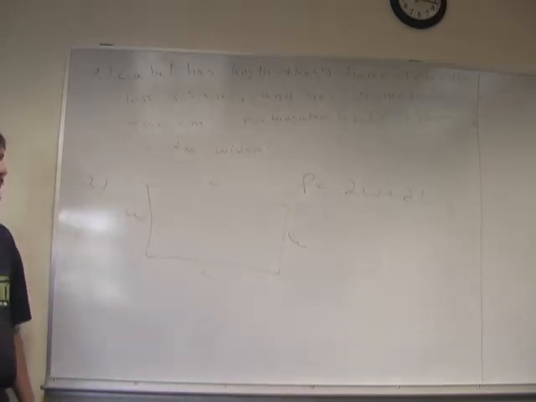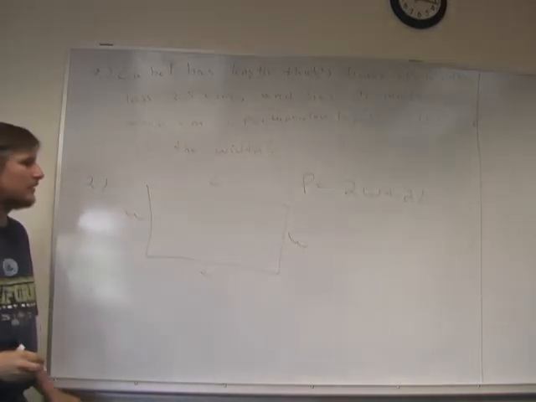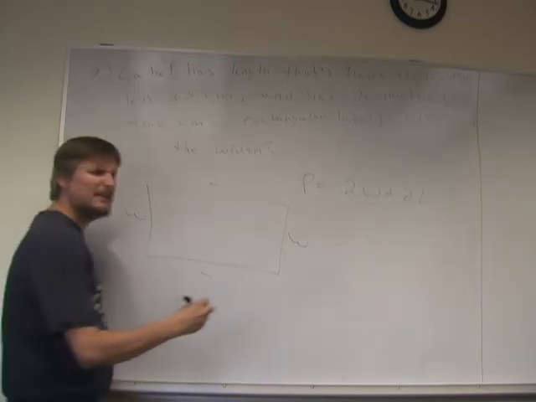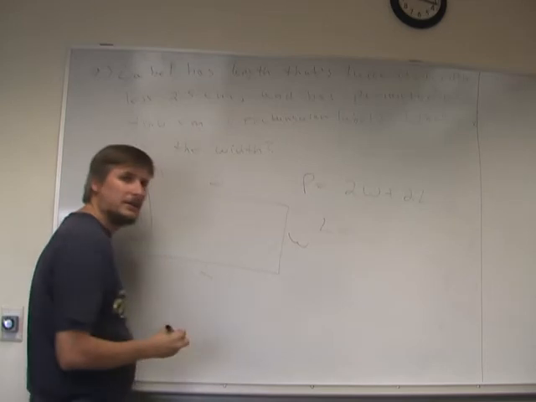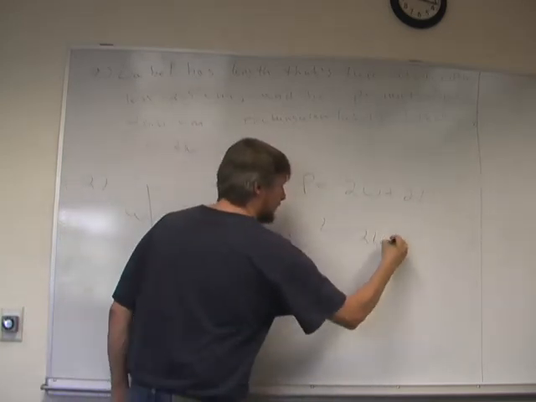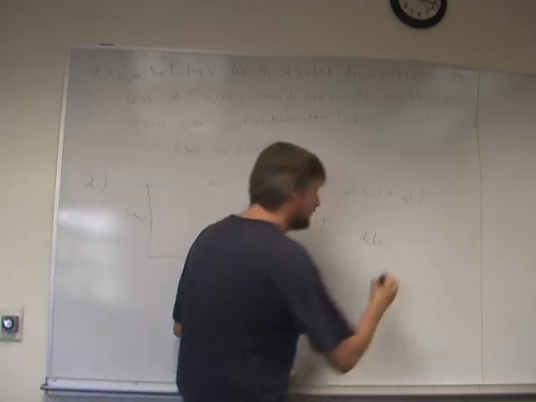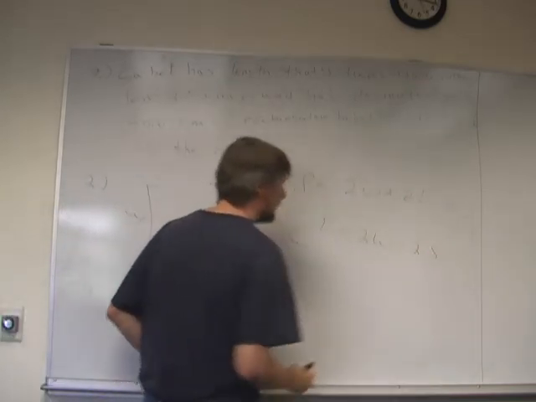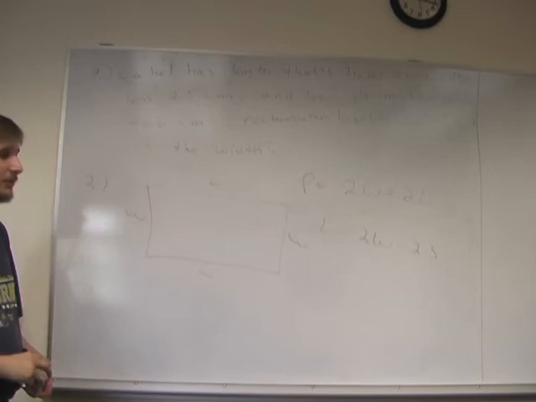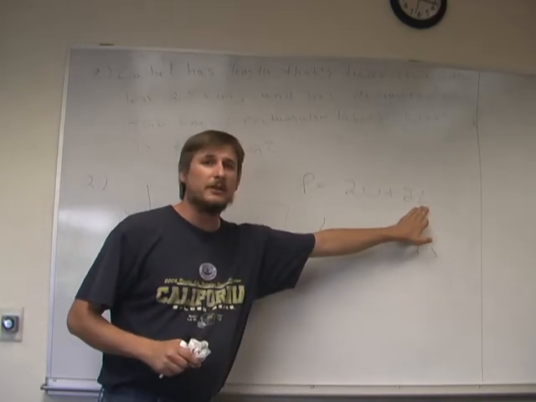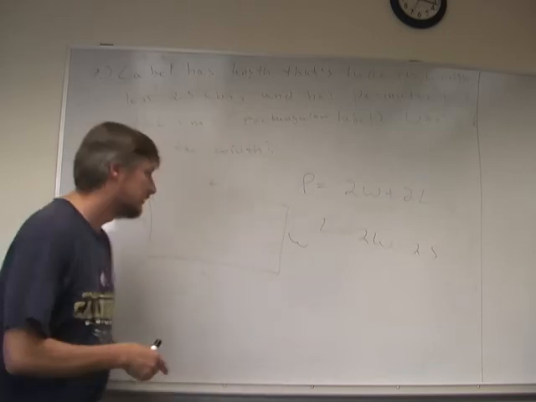We're also given that the length is going to be twice the width, less 2.5 centimeters. So what that says, length is twice the width, and then less means subtract, so we'll subtract 2.5. Finally, what we'll do is take this L and plug it into this L here to get an equation we can work with.